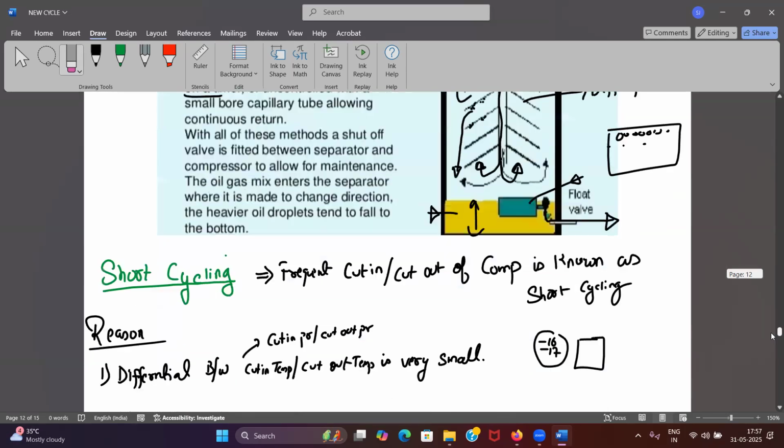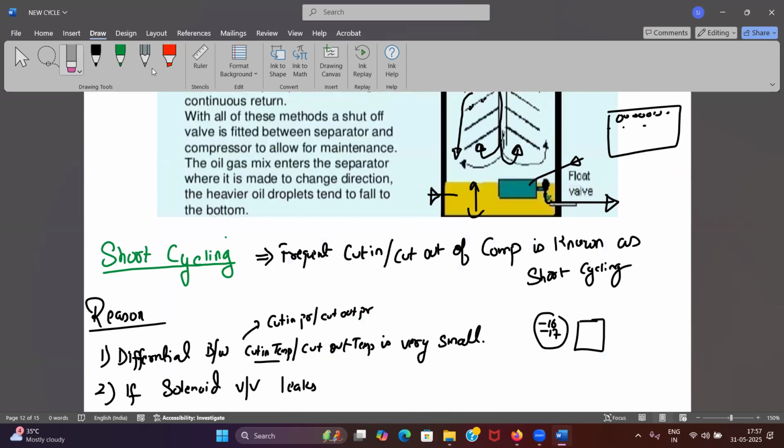Frequent LP cutout and cut in is known as short cycle. Is it clear?